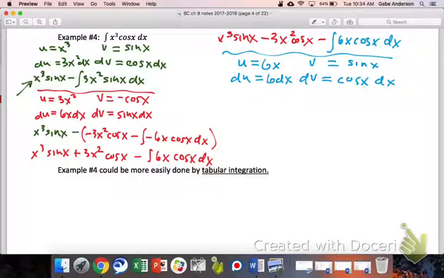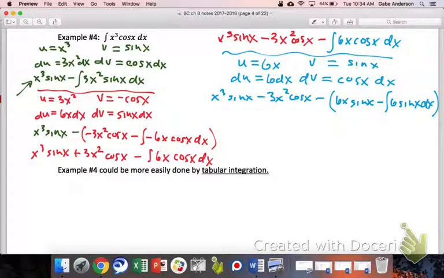Here are my first 2 terms left over. x cubed sine of x minus 3x squared cosine of x minus, and then I've got my integration by parts here, so this is going to be ultraviolet 6x sine of x minus voodoo 6 sine of x dx.